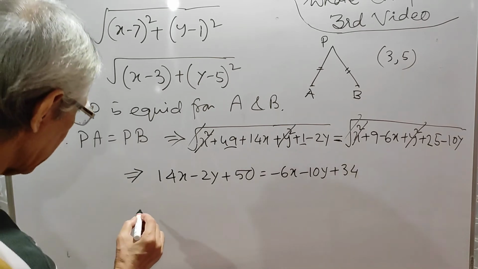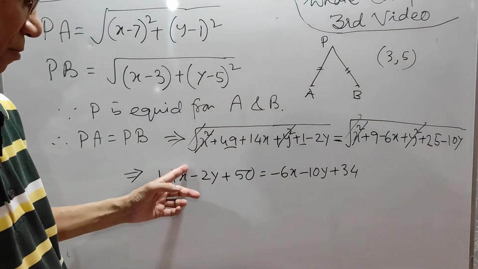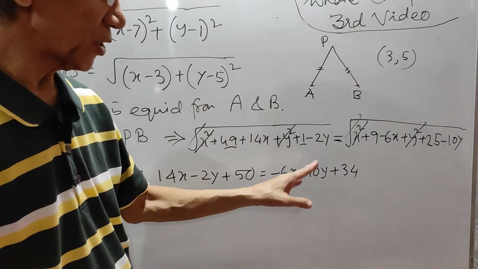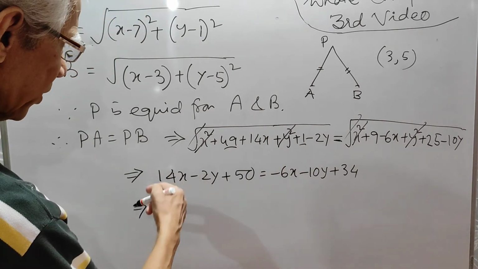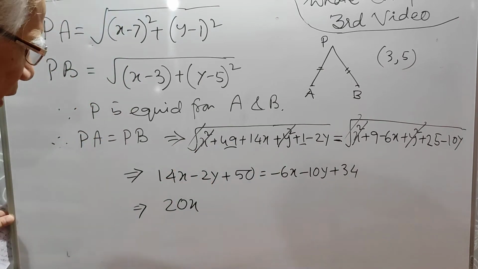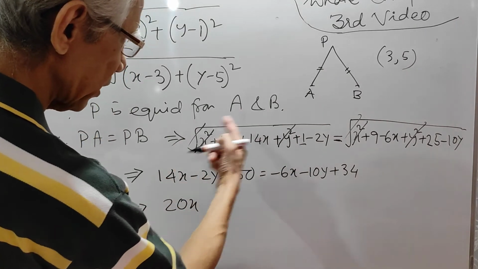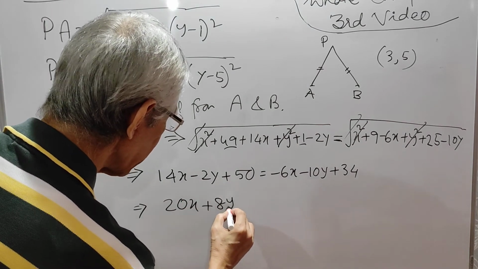Now we got the relation, we got the equation. Now the only thing is simplifying. So 14x, this will come this side, 14x plus 6x, 20x. Then minus 2y, this will come that side, plus 10y, that is plus 8y.